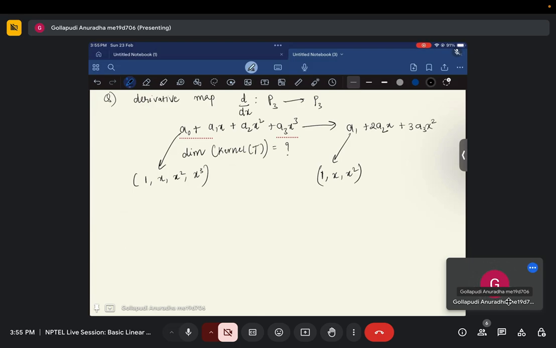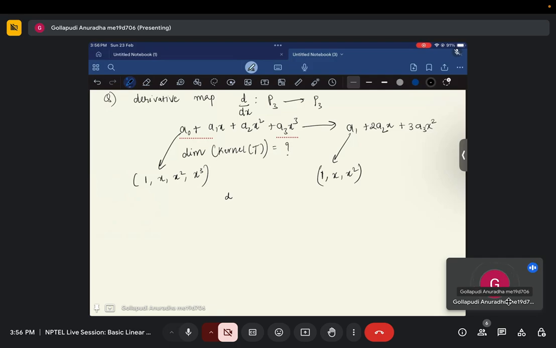Yeah, that's a hint. Okay, so dimension of kernel is 1, right? That's right.